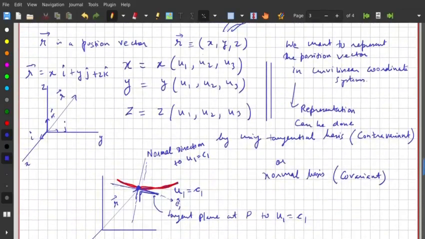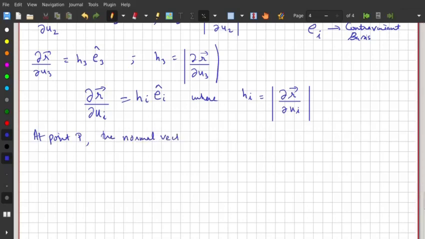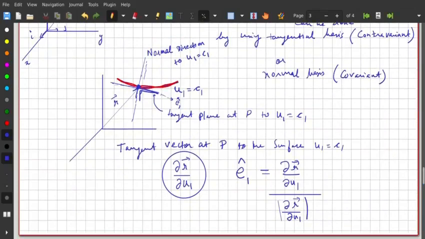At point P, the normal vector to the surface u1 equals c1 is given by the gradient, that we know. So in the normal direction, we will have the direction of the gradient of u1.